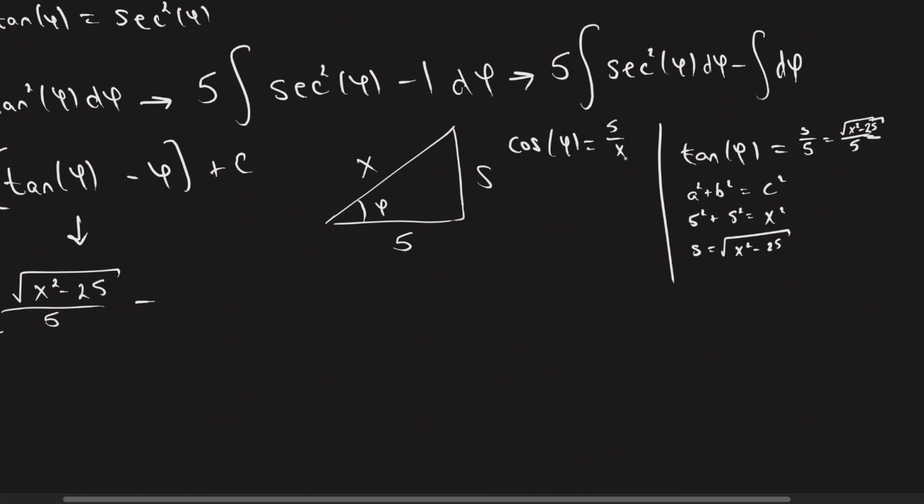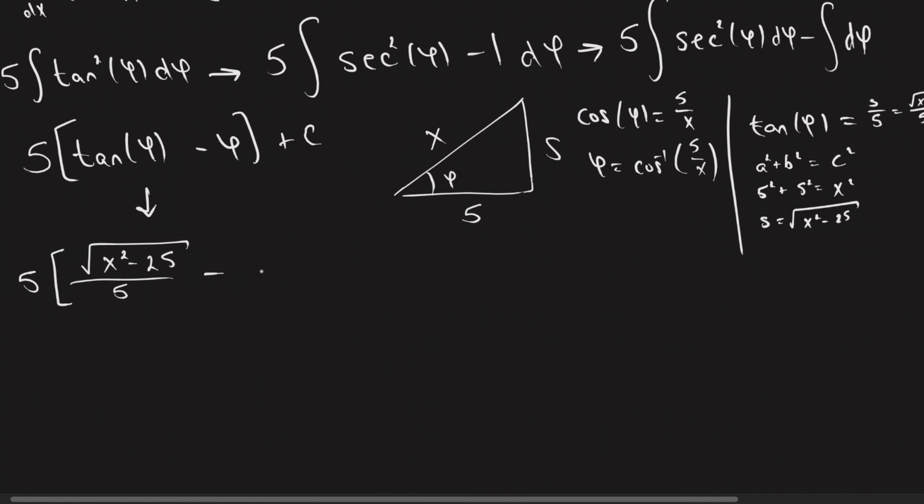Because this is the hypotenuse, this is the adjacent. We're going to take the arc of both sides. We get phi equals arc cosine of 5 over x.